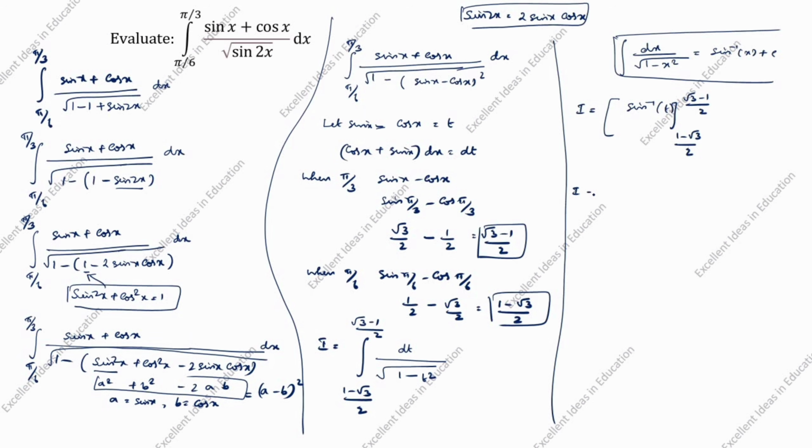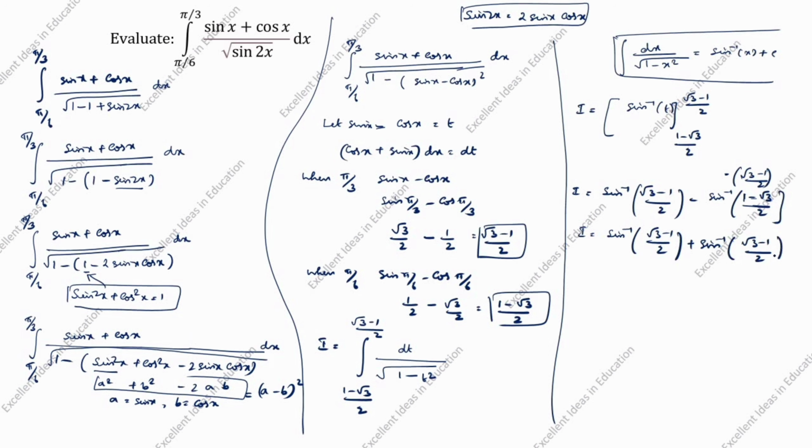Next, I is equal to sine inverse of (root 3 minus 1 divided by 2) minus sine inverse of (1 minus root 3 divided by 2). Here, we will change 1 minus root 3 divided by 2 as minus of (root 3 minus 1 divided by 2). So minus into minus is plus sine inverse of (root 3 minus 1 divided by 2).